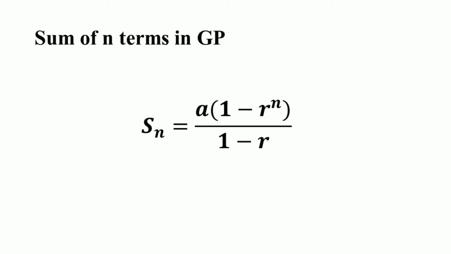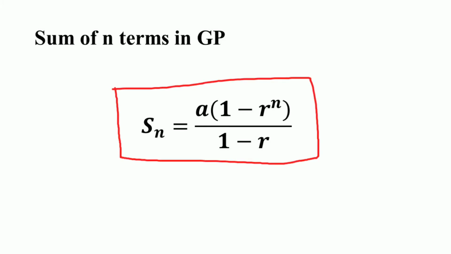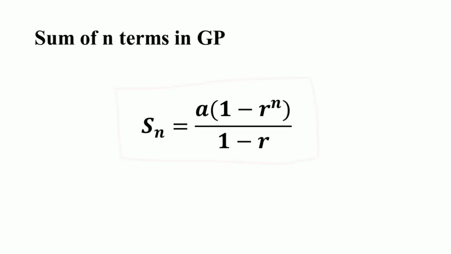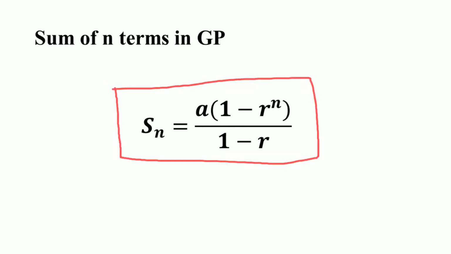We know how to find the sum of the first n terms in a finite geometric progression. Once again, I am going to repeat: if the starting value of the finite geometric series is a and the common ratio r is given, then the sum of the first n terms in a finite geometric progression can be found by using the formula: the sum of n terms is equal to a times 1 minus r raised to the power n, divided by 1 minus r.